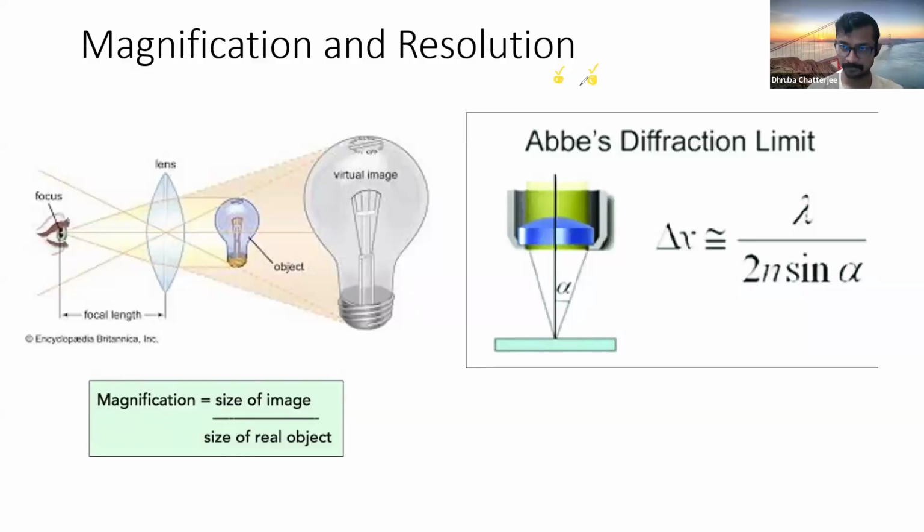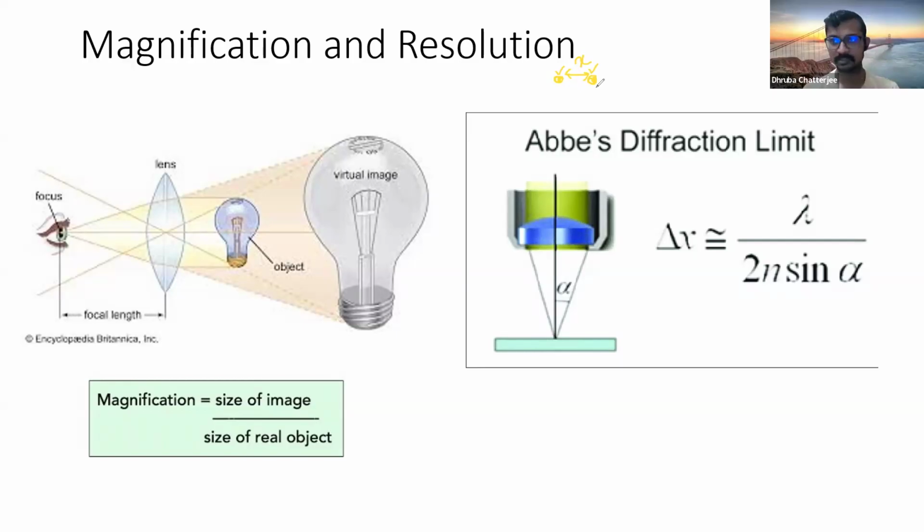You have that resolution. However, there is a resolution limit. For example, here these two dots are placed at a distance x. When they are placed at this distance x and you are magnifying, you are capable of distinguishing between these two dots as two different objects.